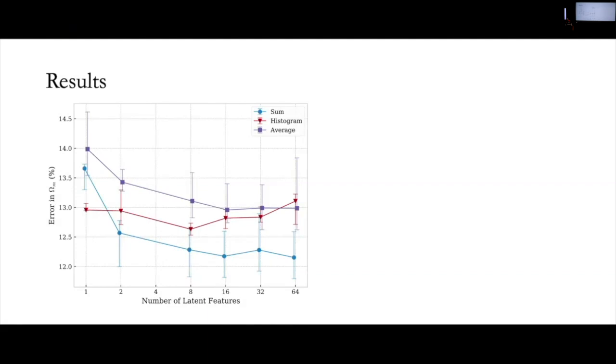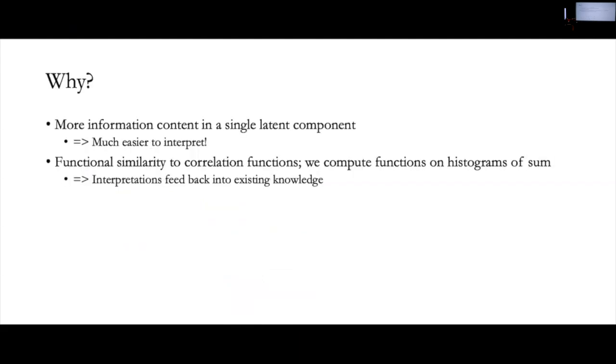Obviously the histogram pool gets more information. That's why we want to do it. But the dimensioning of the model with one histogram feature is more like the model with 100. So you're not comparing models of the same size. This is the number of latent features.